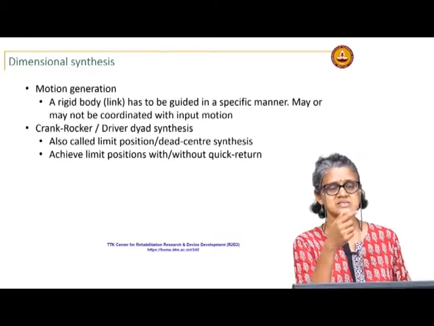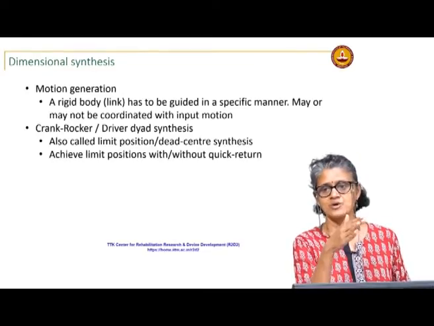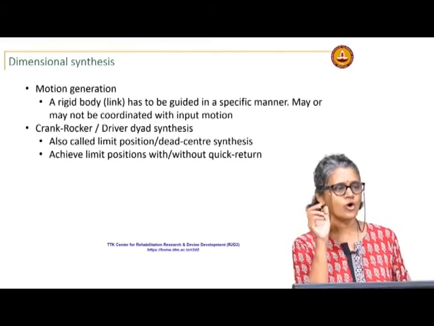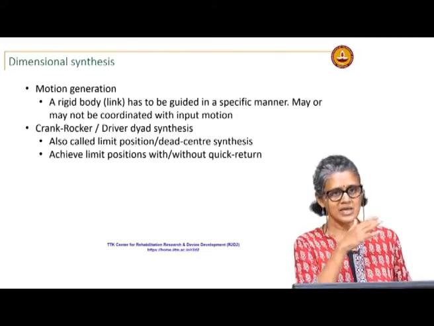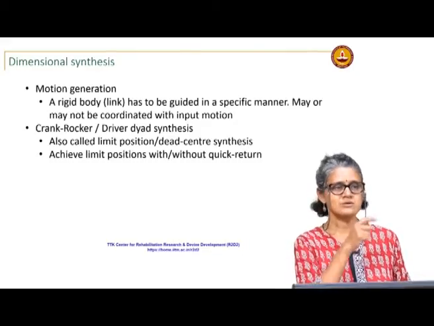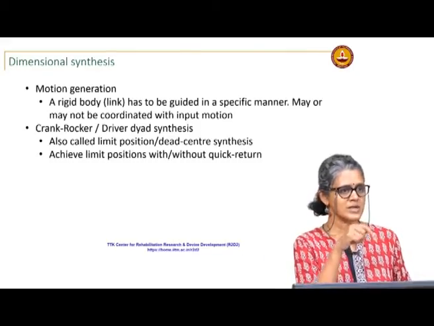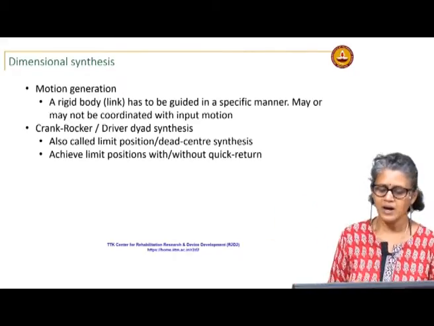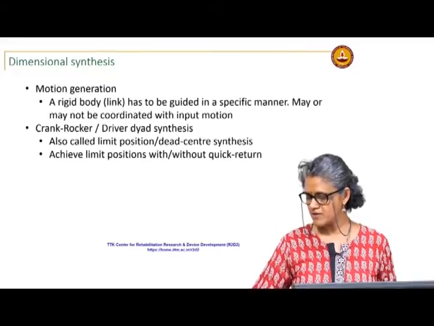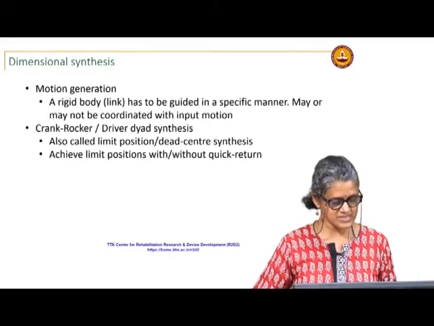In many cases if you have a stroke where you are doing some work, say you are pushing something or you are cutting something, then you want a slower speed, but for it to do that job again you want it to return quickly. So, you may actually have a quick return or a non-quick return kind of mechanism in these types.